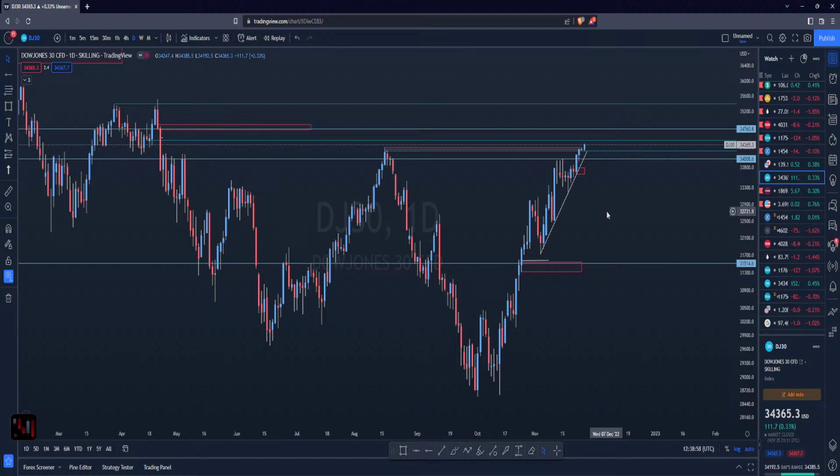So it's going to be a massive day next Thursday, and then we have the NFP on Friday, right? First Friday of the month, we have NFP. So those are basically the two biggest news events for next week. Let's see where price is going to be by then.